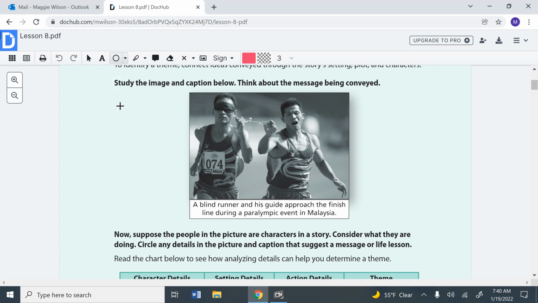Looking at the picture, I can see that obviously we have a blindfold on this man, and I can see that they're holding a string that's holding them together as they run. I also see in the caption that it says a blind runner and his guide. So these are all details that I would want to circle.